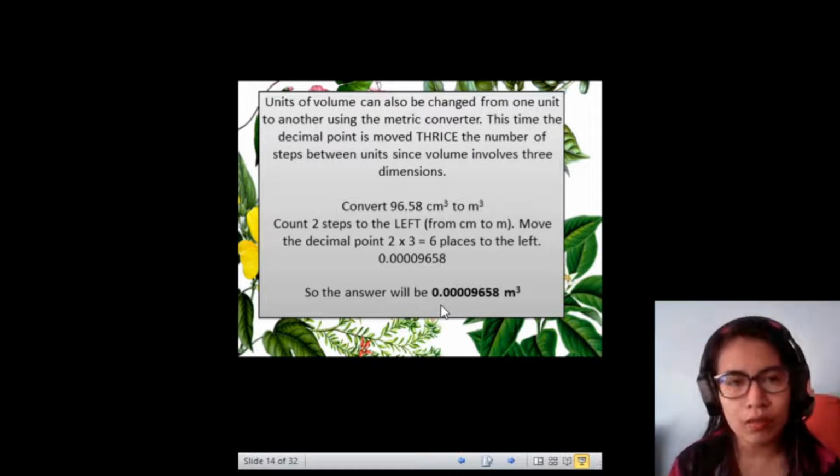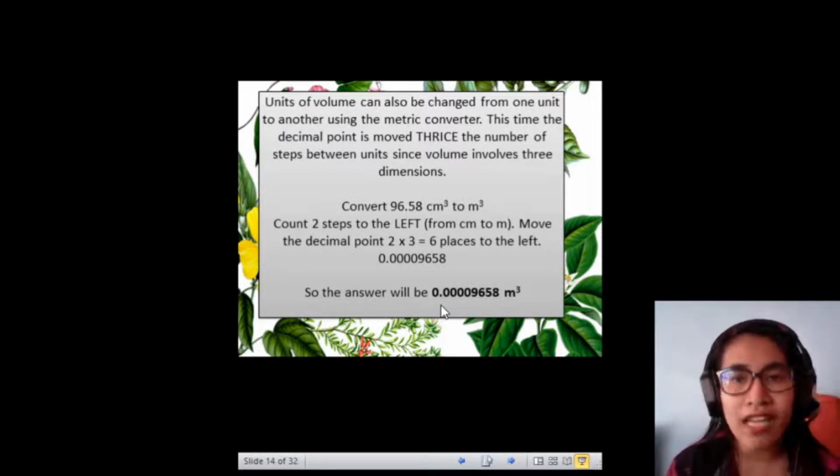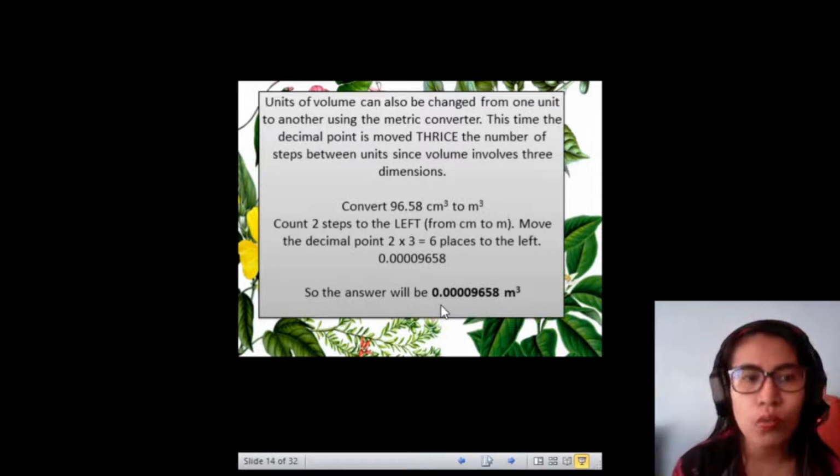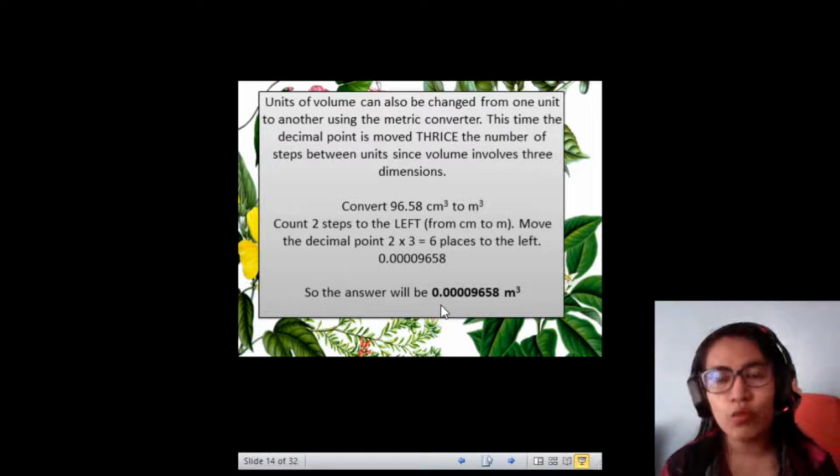So you have 2 times 3 equals 6. So instead of 2 places to the left, you will now move 6 places to the left. So the 96.58 cubic centimeter, when converted into cubic meter, will become 0.00009658 cubic meter.